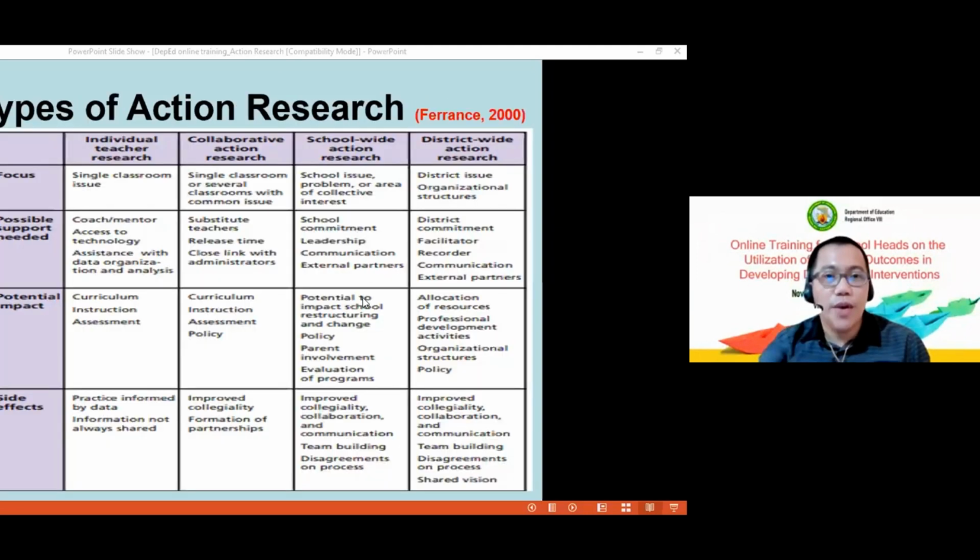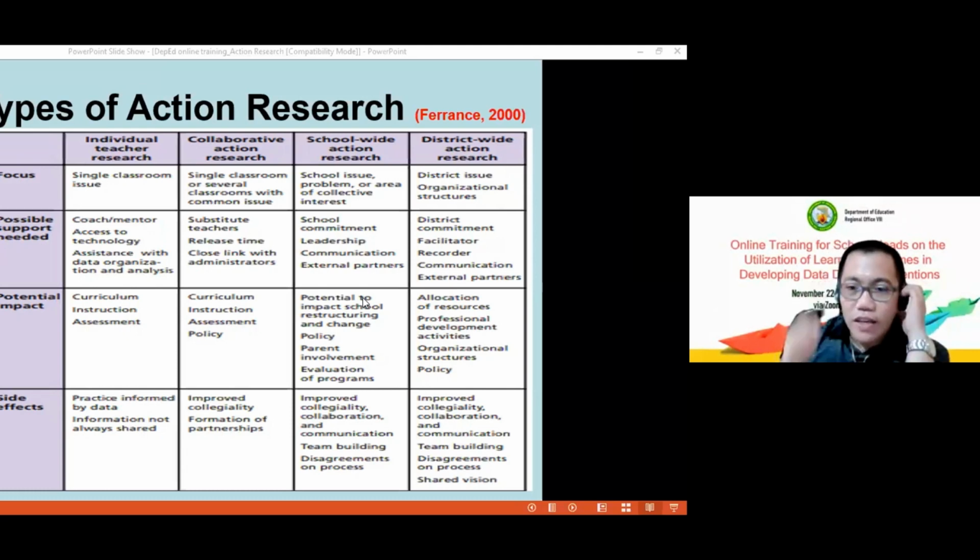Types of action research, well, mayroon tayong individual teacher research, mayroong collaborative, may school-wide, may district-wide. Depende na kung anong gusto ninyo. Pwede ding school-wide, like it's a prevalent problem across grade levels, like the problem of frustration readers. So pwedeng i-implement ang intervention not just to grade 4 but to all grade levels.